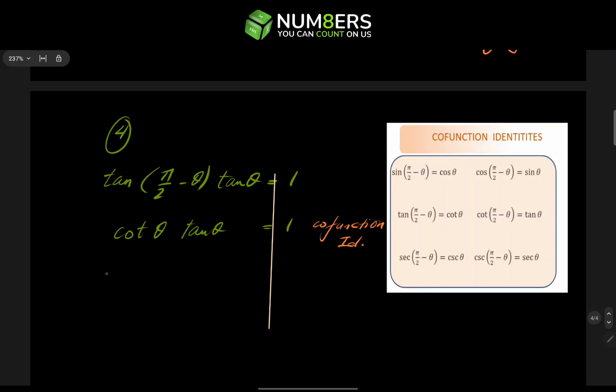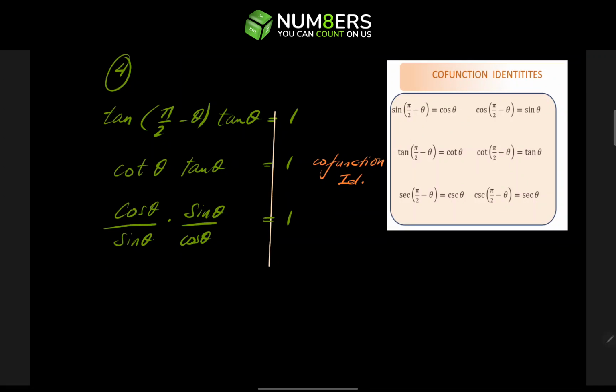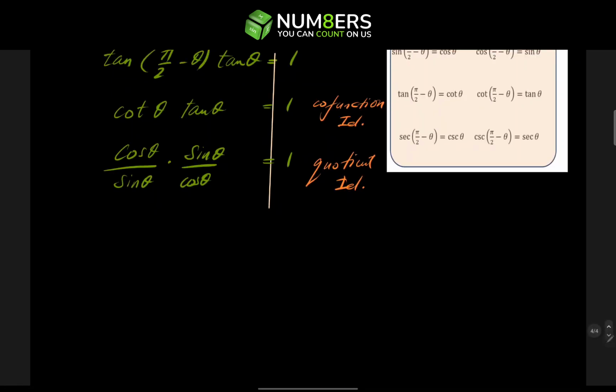So I'll write cotan as cosine of theta over sine of theta times tan is sine theta divided by cosine theta equals 1. Here we used quotient identities. So let's write down quotient identity. And then we can simplify.